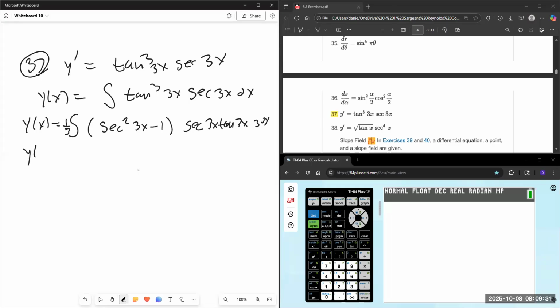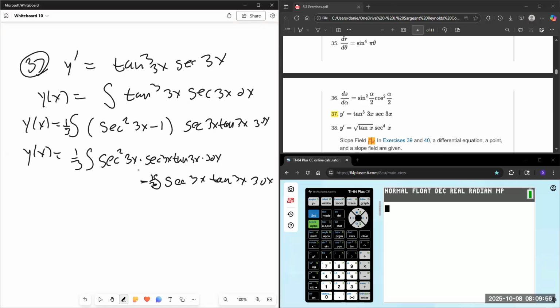And so y of x is equal to 1/3 of the integral of secant squared 3x times secant 3x tangent 3x times 3 dx minus 1/3 integral of secant 3x tangent 3x times 3 dx.